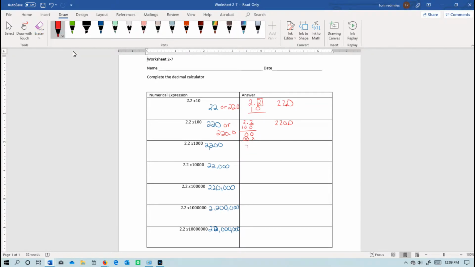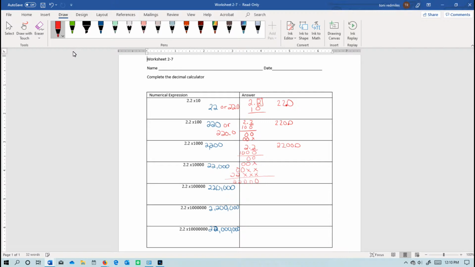All right, the next one is 22, and we're going to take it times 1,000. So 0 and 0, the next 0, 0 and 0, the next 0, 0 and 0, and then the 1, 2 and 2. Put in my x's. So now I have 22000, and I still have one decimal place.